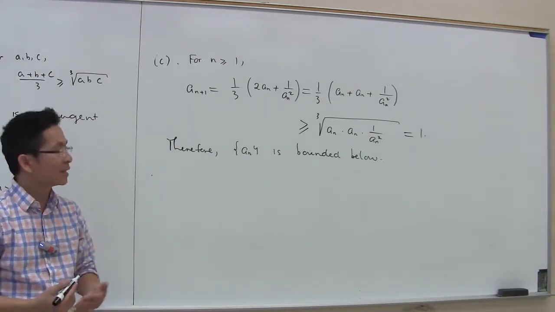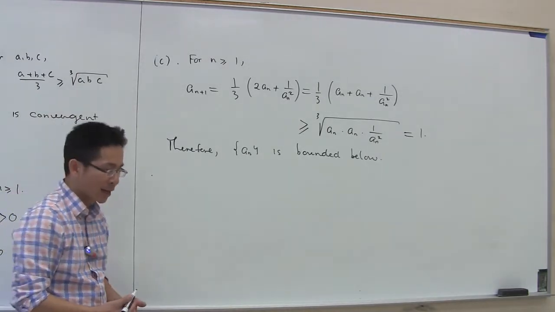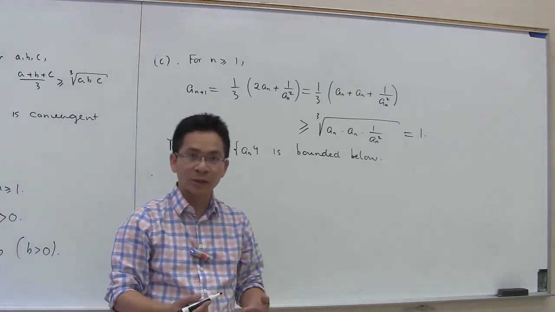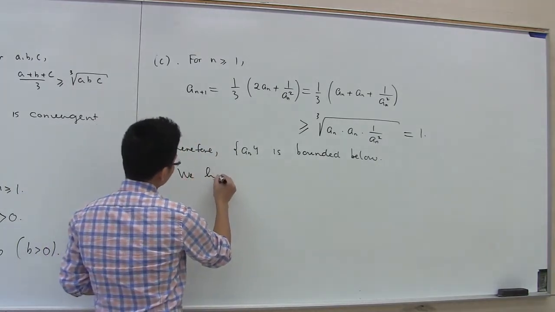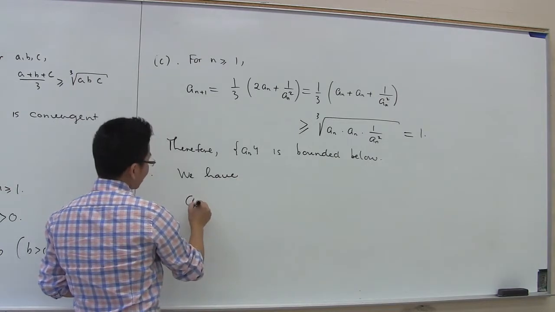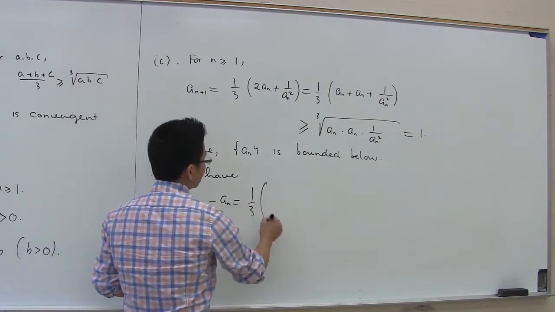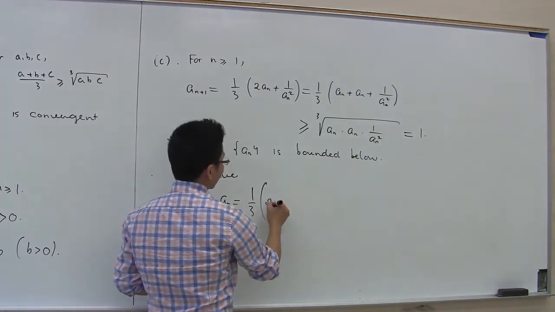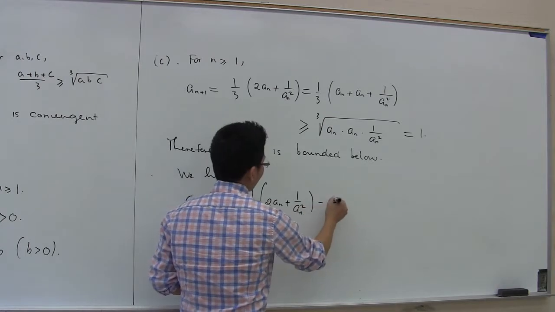Now we're going to form the difference of a(n+1) and an to see whether an is monotone decreasing or not. Okay? So we have this. a(n+1) minus an is equal to 1/3 times (2an plus 1 over an squared) minus an.